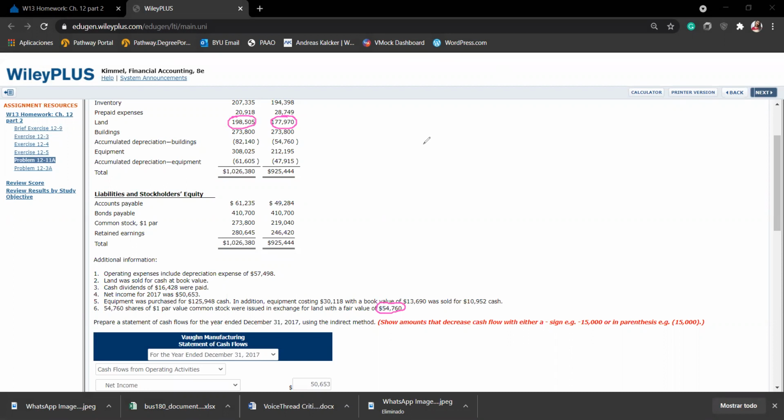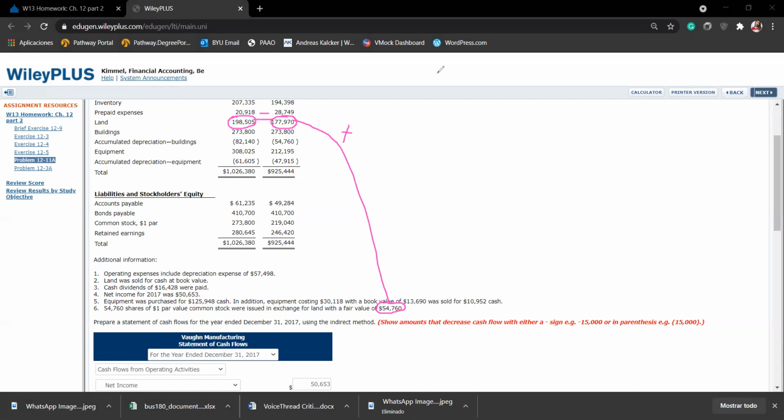to have the book value in which the land was sold. So we are going to do that, this amount plus this amount less this amount.